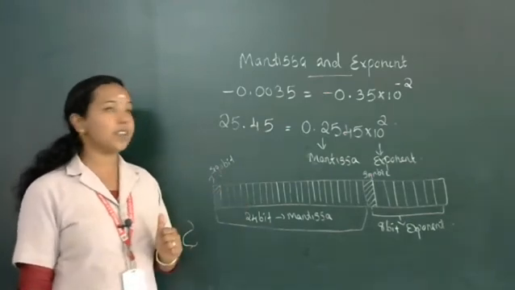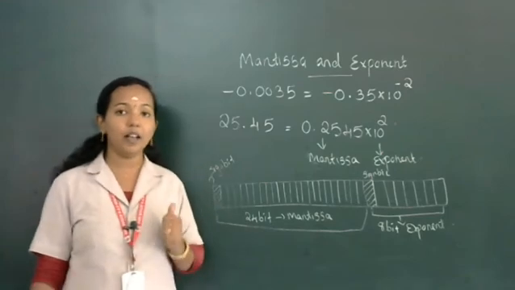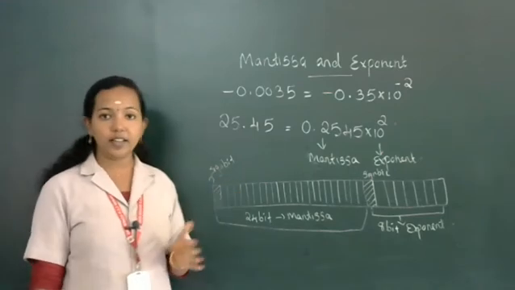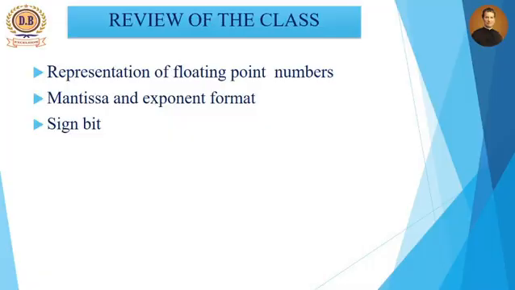So this is how we represent a fractional number in computer memory. Hope you understood. Again, we will revise how we are converting. The portion is the representation of a fractional number in computer memory in exponent and mantissa format, and one more is the sign bit.